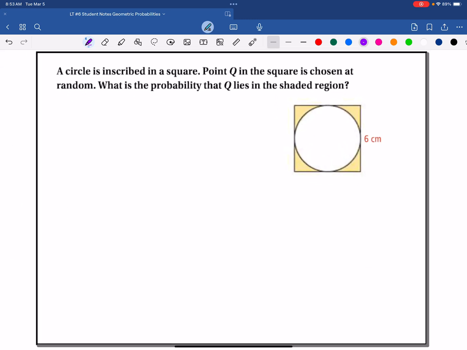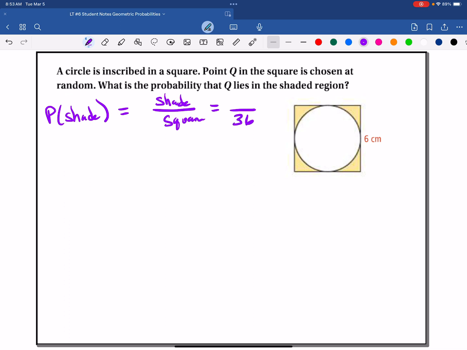Pause this, try it on your own, press play when you're finished. So we've got the shaded region is between the circle and the square. So probability of the shaded region will be the shade over the square. Well, the square we know is 6 times 6.